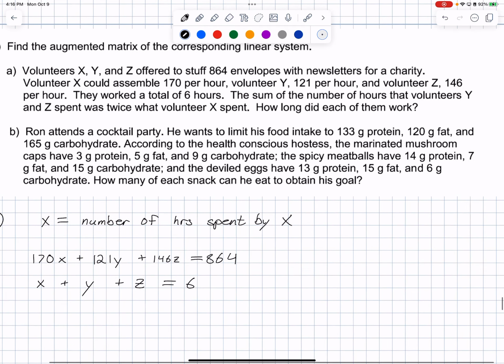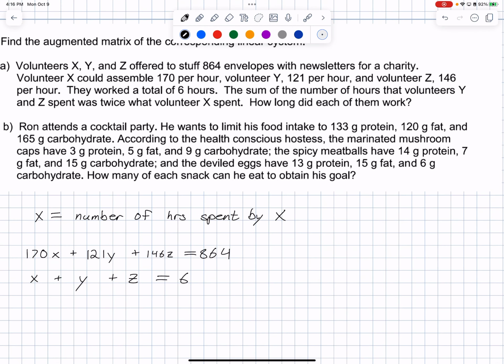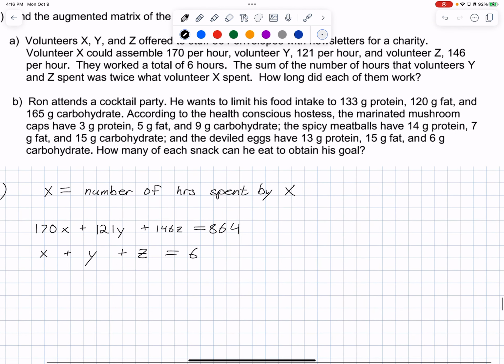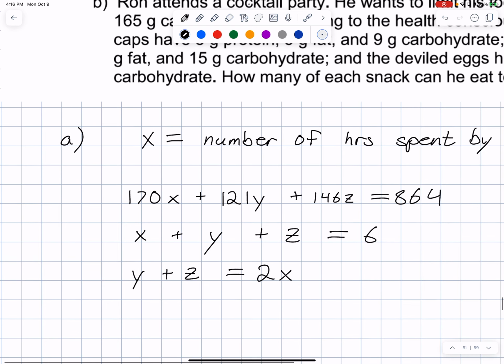Finally, the sum of the number of hours that volunteers Y and Z spent was twice what X spent. Well, let's see. Y plus Z equals 2X. Does that make sense?